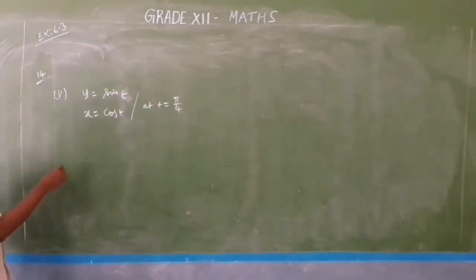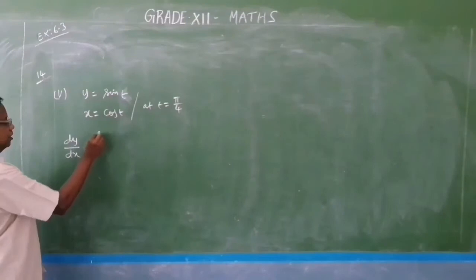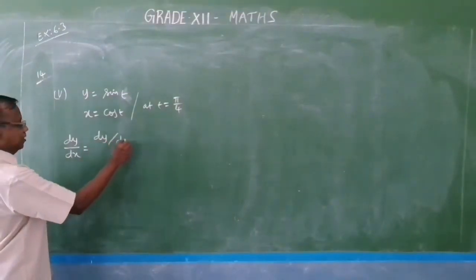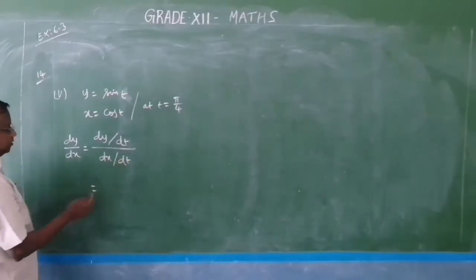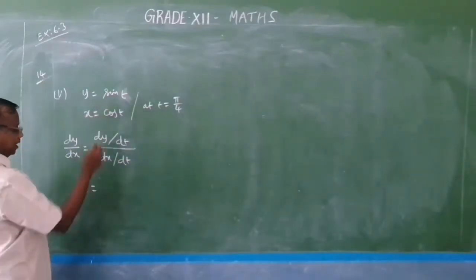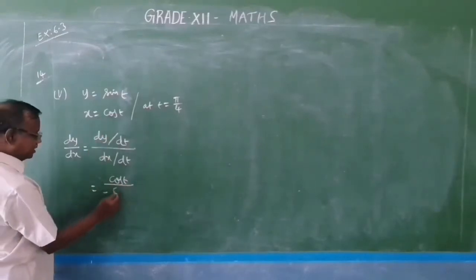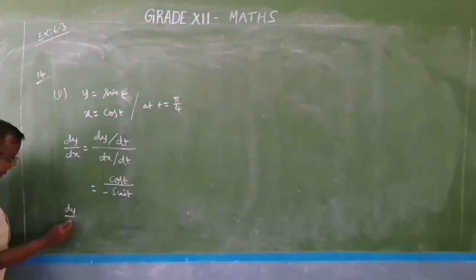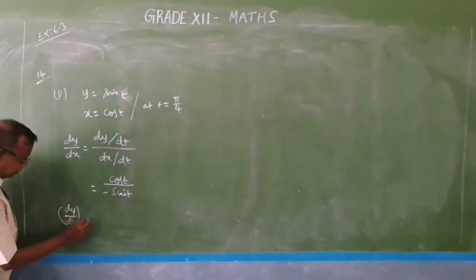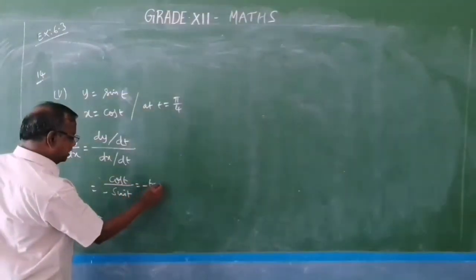Now dy by dx equal to dy by dt divided by dx by dt. dy by dt, sin t becomes cos t, and dx by dt is minus sin t, so dy by dx is equal to minus tan t.